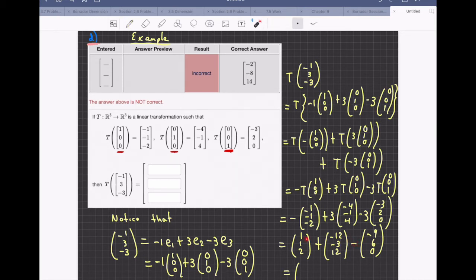So this is going to be 1 minus 12, -11, plus 9 is -2. 1 minus 3, -2, minus 6, -8. And 2 plus 12, 14, minus 0, 14. There you have it. The same answer as we have here, you see? So I used the properties for linear transformations. All right.